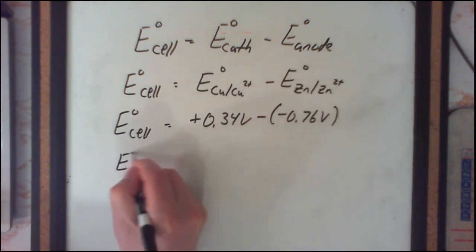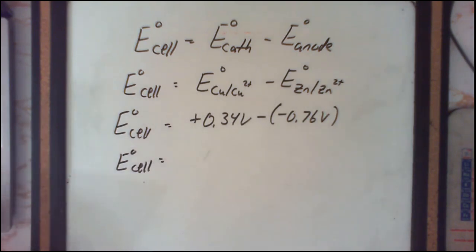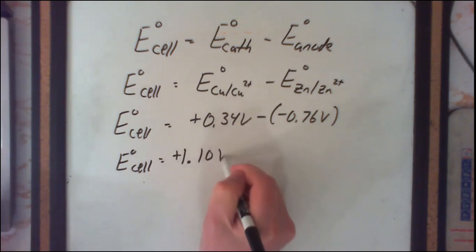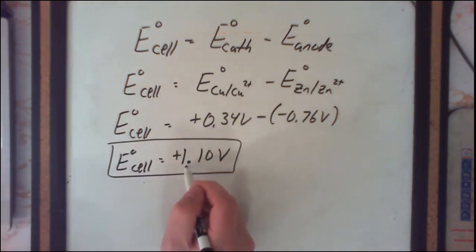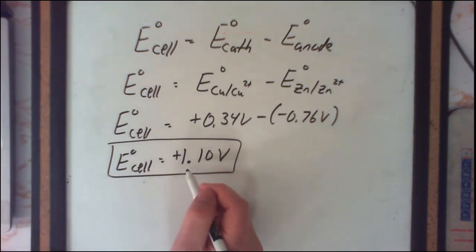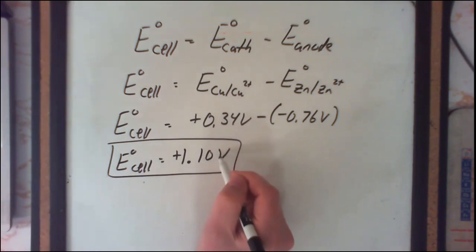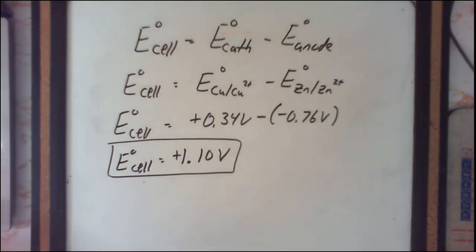So positive 0.34 minus a negative 0.76 gives us a value of positive 1.10 volts. Notice it's a positive cell potential, which means it's spontaneous, as we've been talking about all along. So that gives us an idea of how much energy these electrons have for this cell under standard conditions.